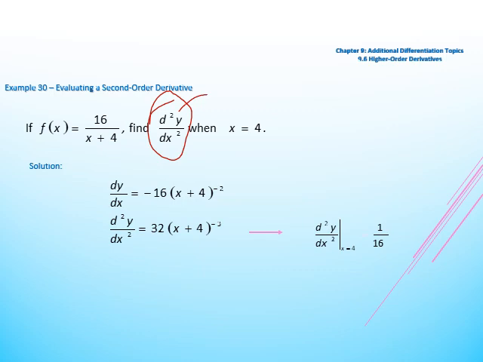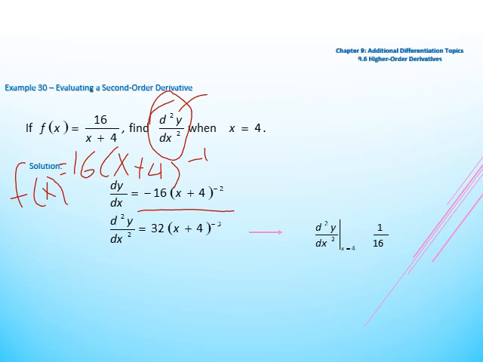So getting the first derivative first, if we put this function in the form 16 times x plus 4 to the power negative 1, to simplify and get rid of using the functions or the rules for addition, division.